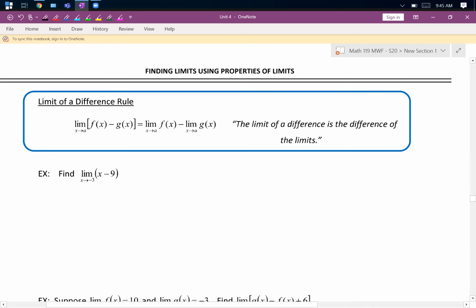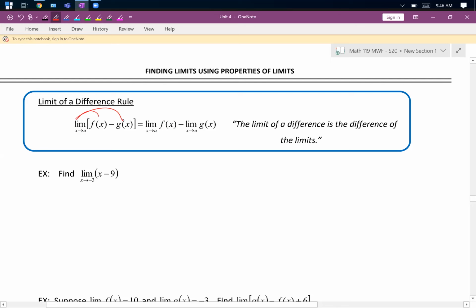Well, the same idea applies if we have a difference as well. We're basically distributing this limit in. The limit of a difference is the difference of the two individual limits.